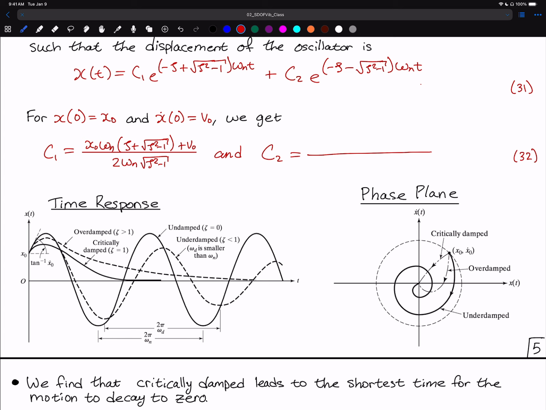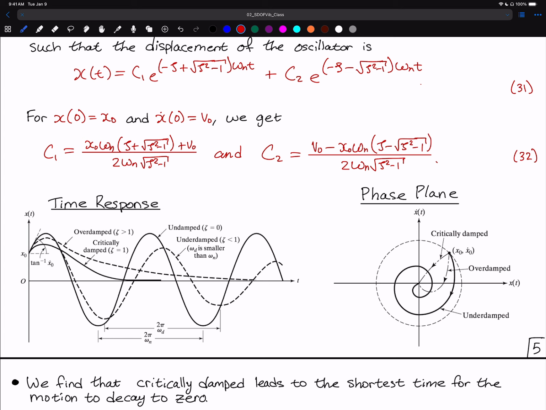We'll get first here V0 minus x0 omega n times the quantity zeta minus the square root of zeta squared minus 1, divided by 2 omega n times the square root of zeta squared minus 1.